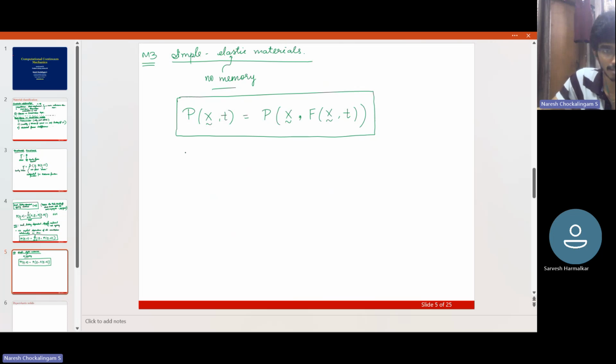So this is the third important class. There are many other varieties. So these are simple elastic materials.